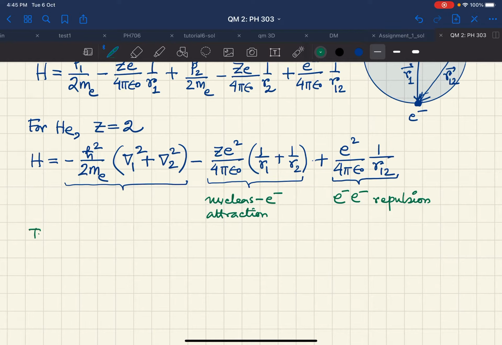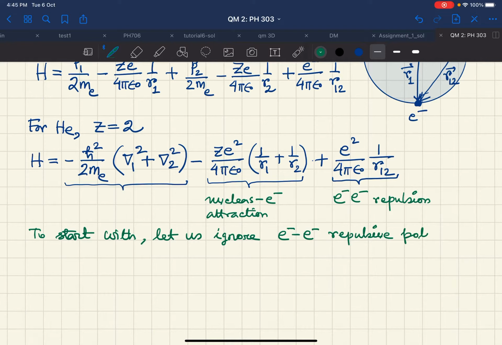So to start with, let us ignore the last term, that means ignore the electron repulsive potential. Then the system is equivalent to two hydrogen atoms.